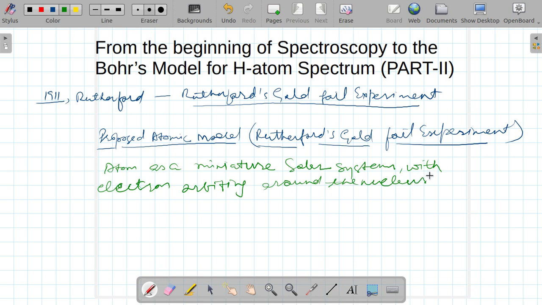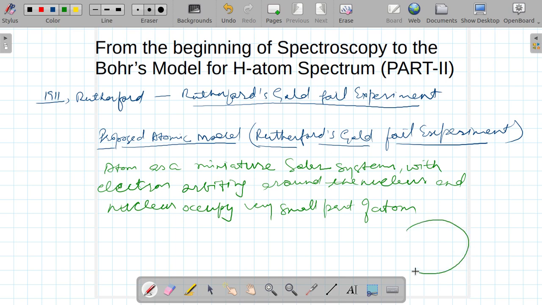And the nucleus occupies a very small part of the atom. So that means this electron is revolving around the nucleus in a particular direction, and the nucleus will be somewhere here. Such a model was proposed by Rutherford.